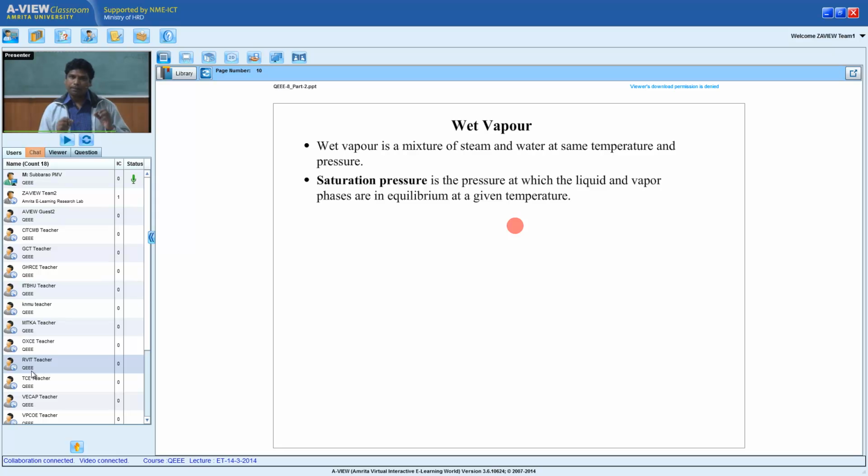By having a peculiar combination of temperature and pressure, you get this. Any arbitrary pressure and temperature cannot give it. There is a specific combination which can provide both together. Otherwise, you get only liquid or only vapor. But if you want a mixture, you need to be very careful about pressure and temperature.